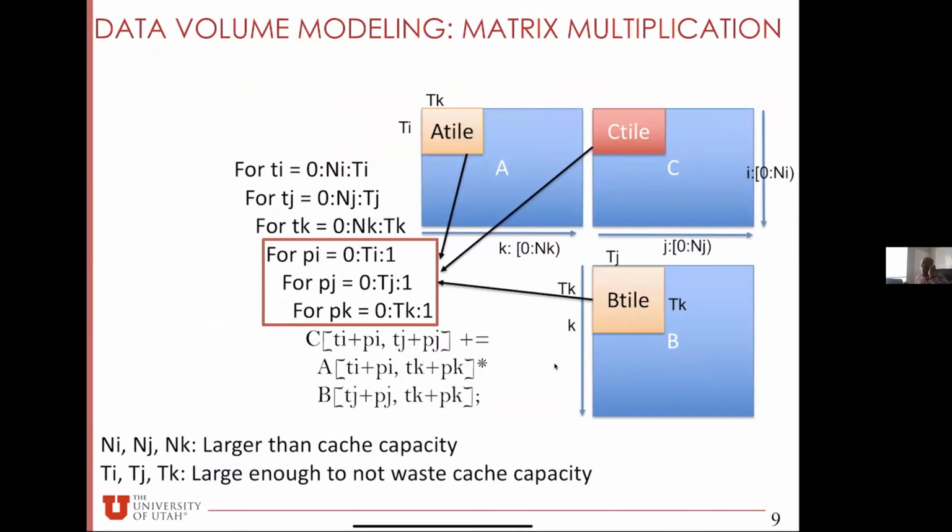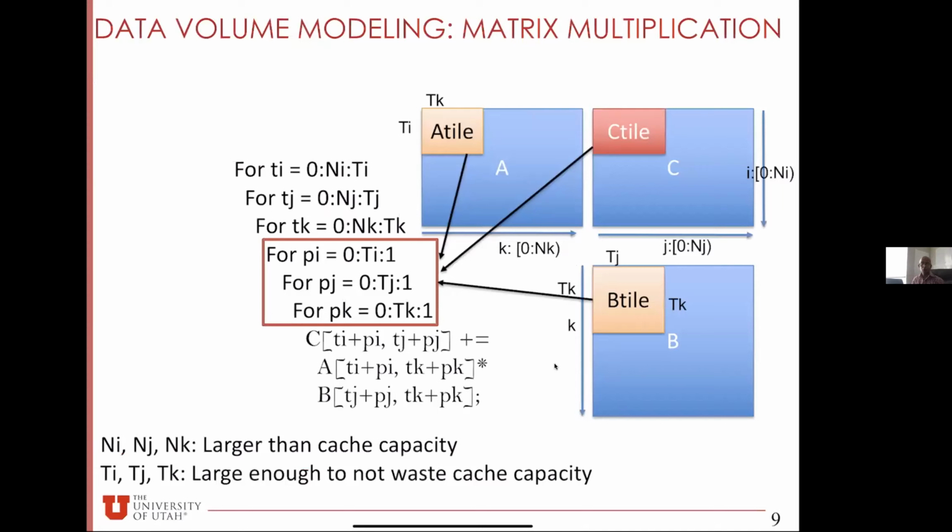So now I want to use matrix multiplication to just walk through the main idea for the symbolic expression generation for modeling. So let's imagine that we have a one-level tiling of matrix multiplication as shown here. The point loops within a tile are shown in the highlighted box.